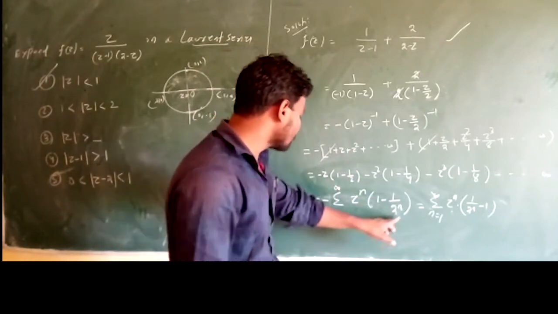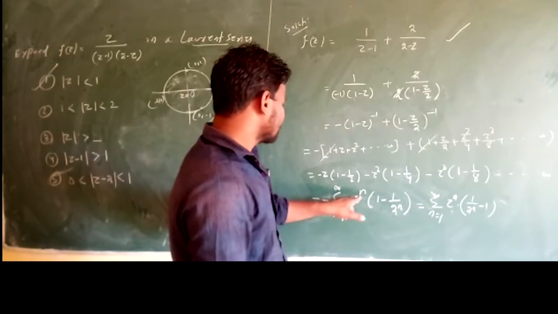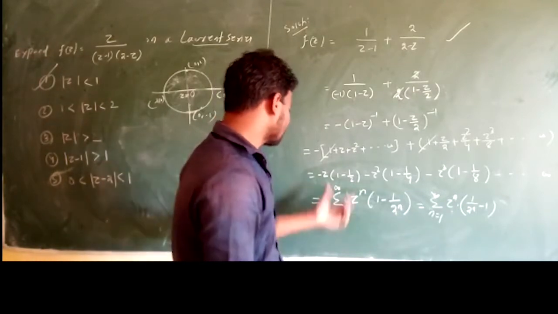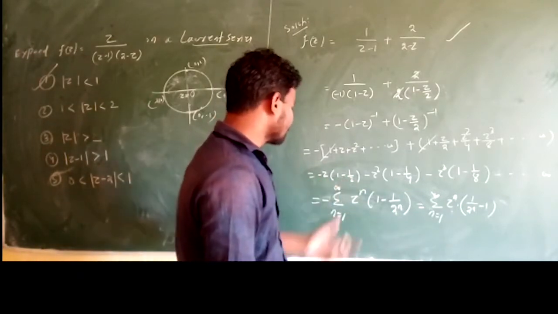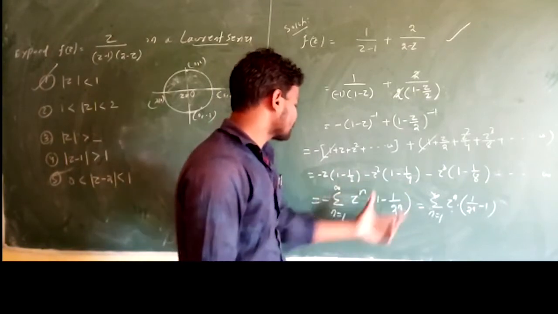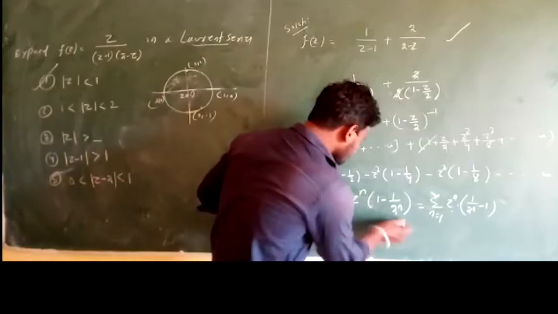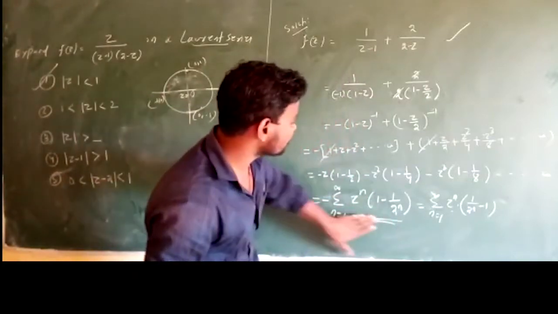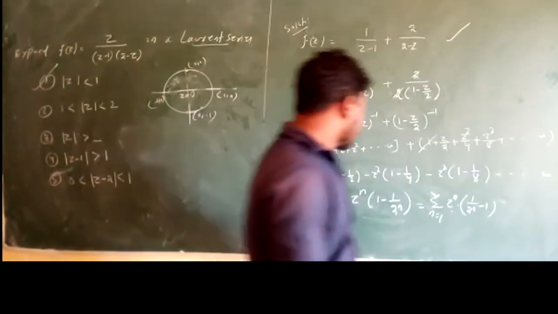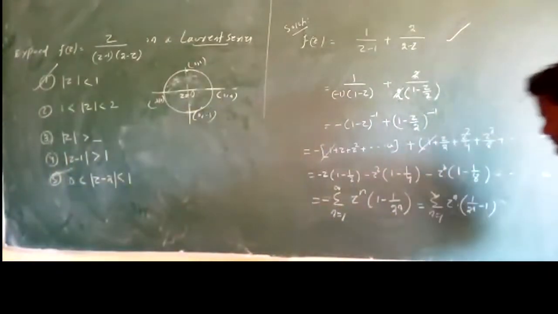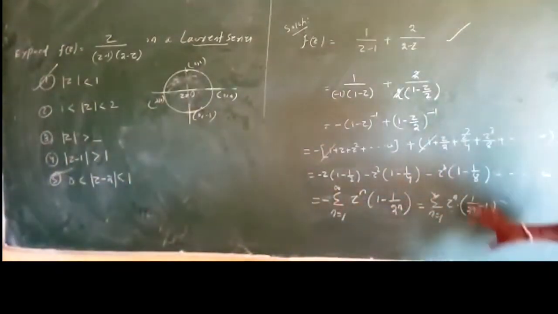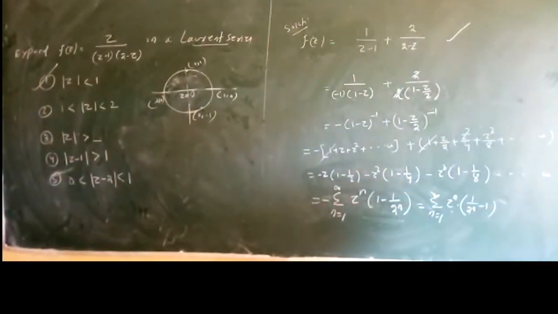By putting n equal to 1, we get z(1 - 1/2), that is the first term. By putting n equal to 2, we get the second term. So this is the general term, or the nth term. Summing this and multiplying by the negative sign, we find this term.